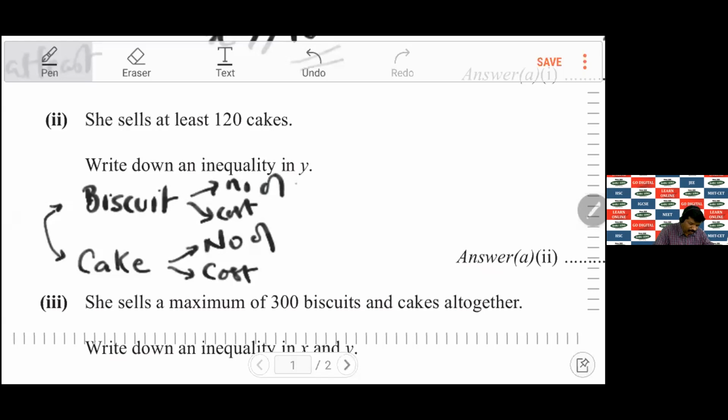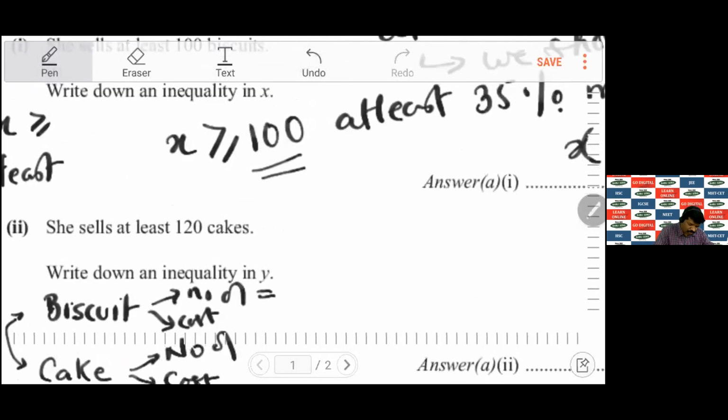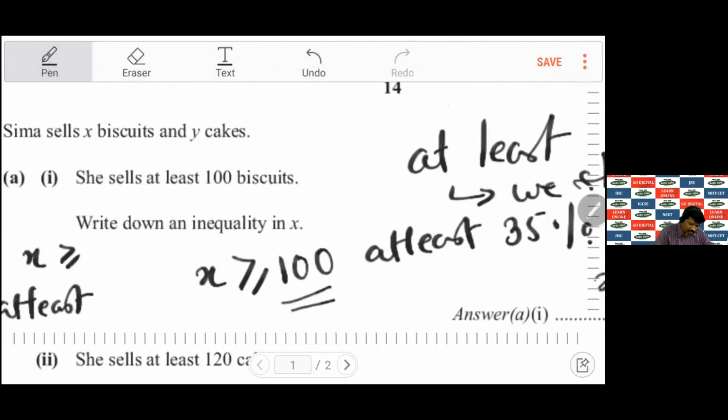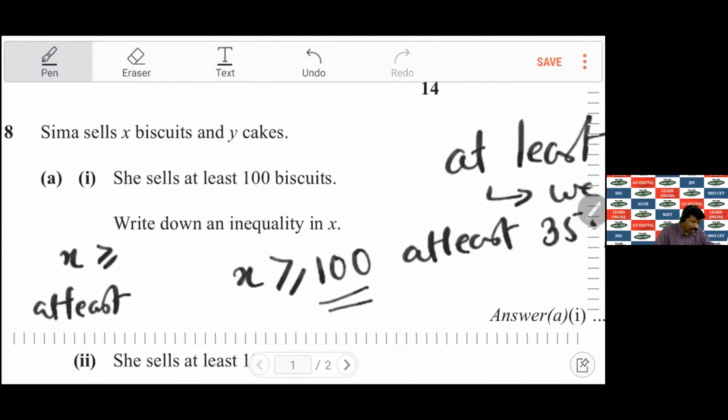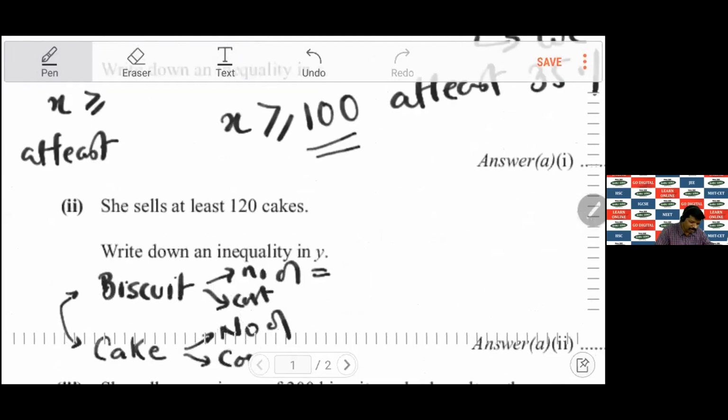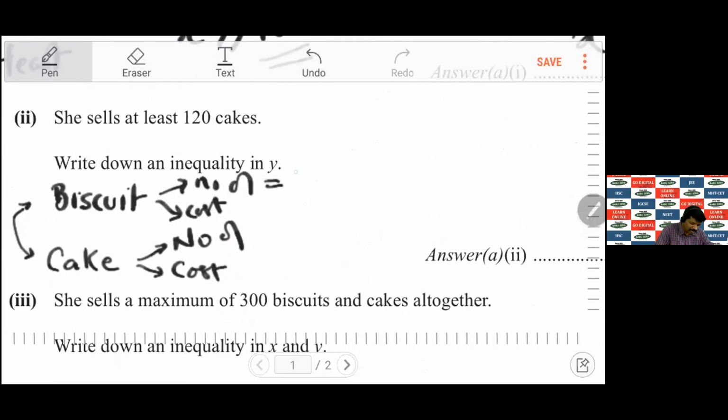So what was the number of biscuits? You have to know what we have done. Satnam had told the number of biscuits. If there are 4 biscuits, x is equal to 4. If there are 5 biscuits, x is equal to 5. So the number of biscuits is x.